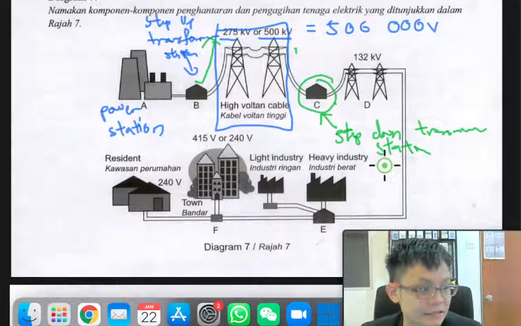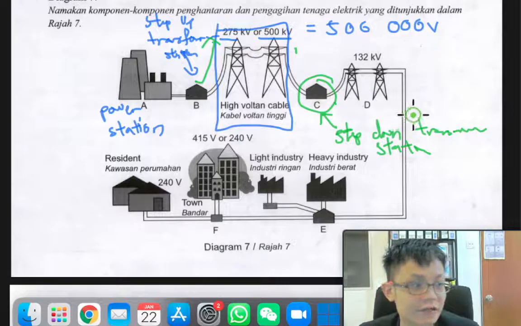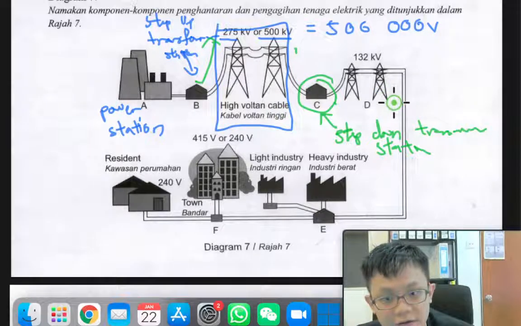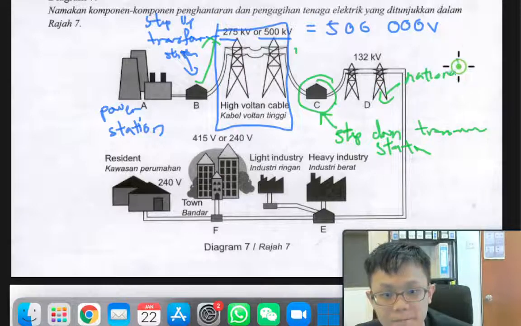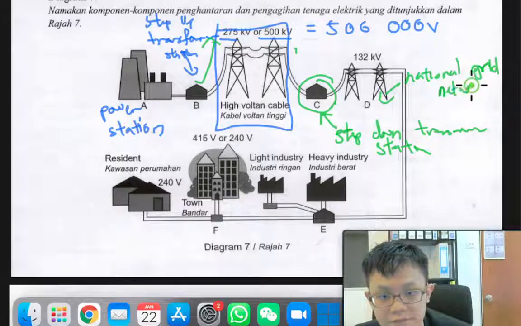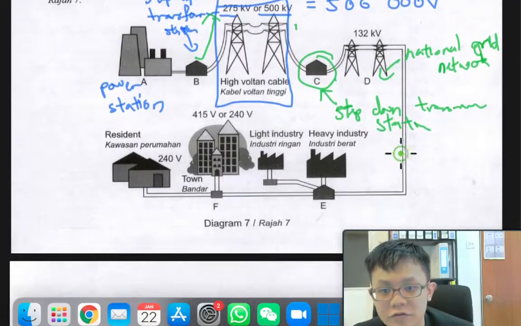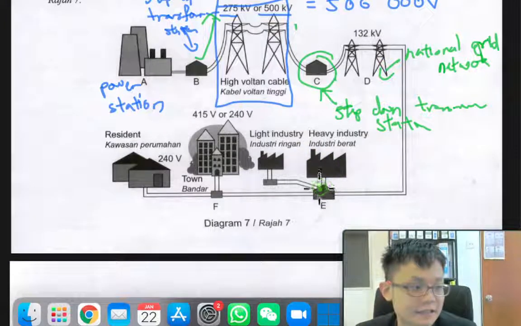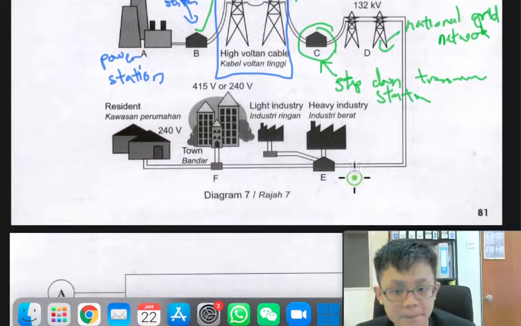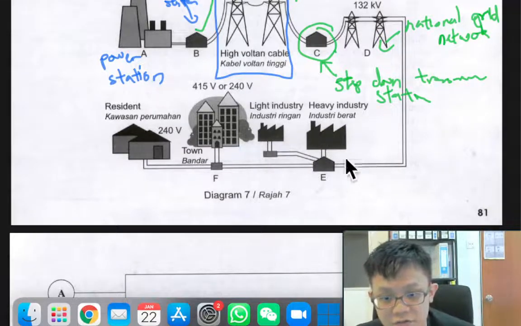What is E? Go to D. So D will be the National Grid Network. Then it will go to the industry. E, what is E? Switch zone. Okay, switch zone.